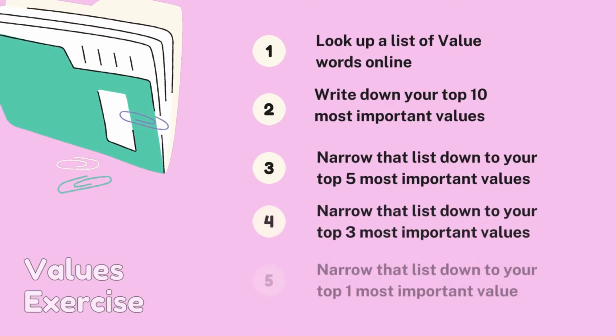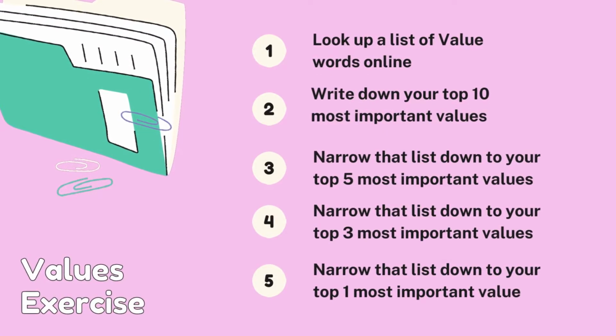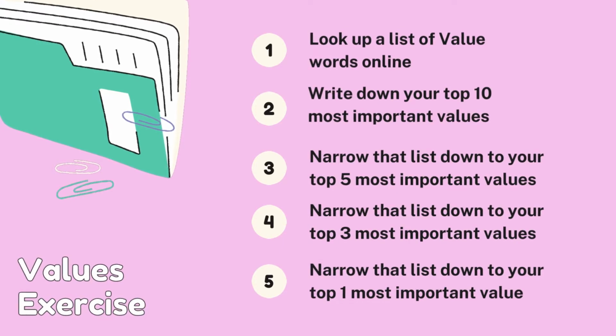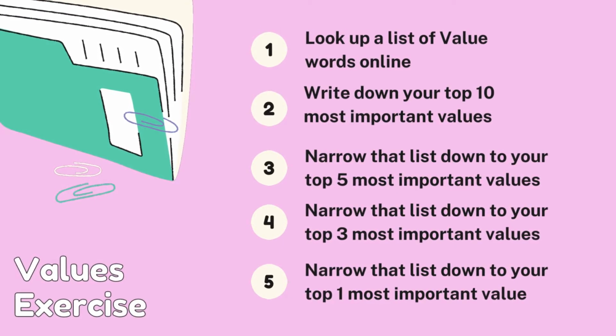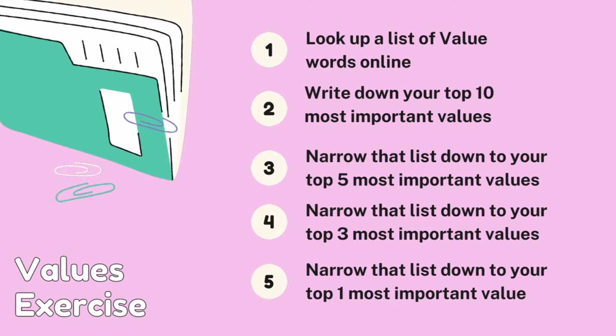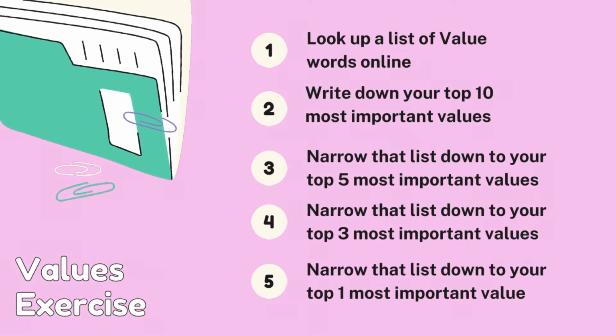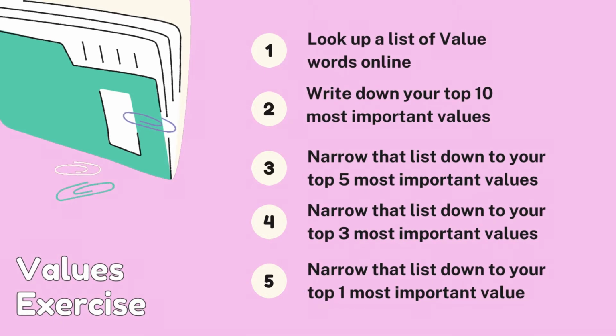Look up a list of words, and then for the values exercise, you will mark down the 10 most important traits to you, and then you'll go from 10 to 5 to 3 to 1. So you'll write down the 10 things, and then you have to narrow that list of 10 down to your top 5 most important qualities, traits, adjectives, and then from that 5 go down to 3, and then go down to 1.